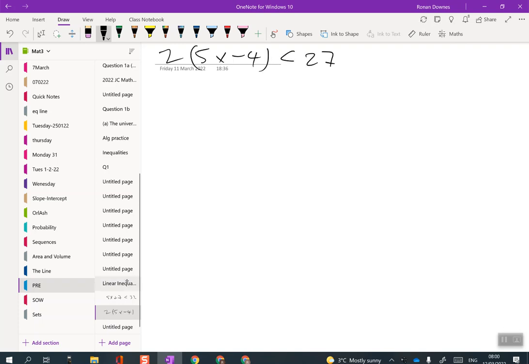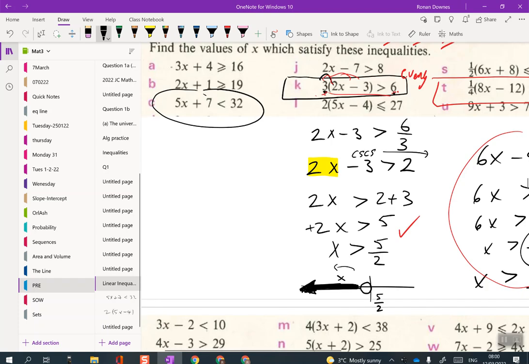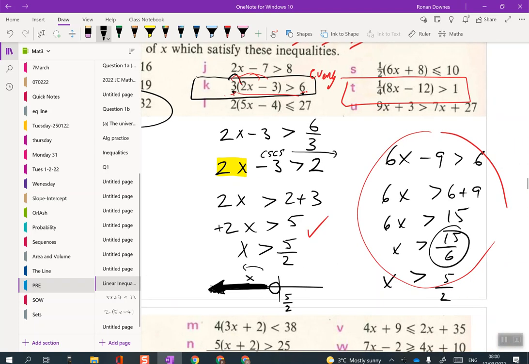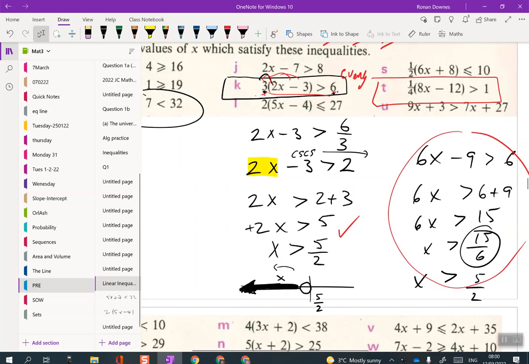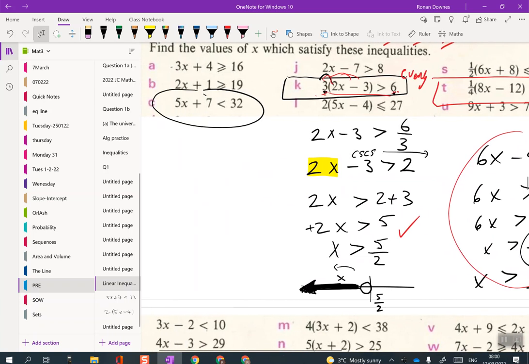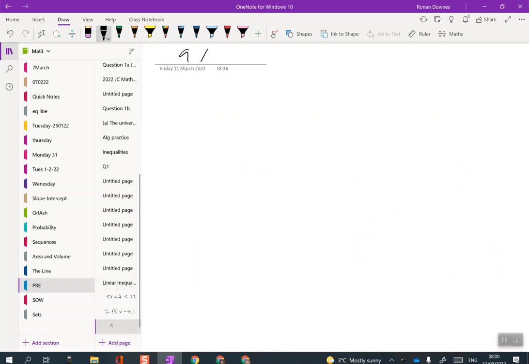And then we'll do 9x plus 3 larger than 7x plus 27. Try and remember that. 9x plus 3 greater than 7x plus 27.